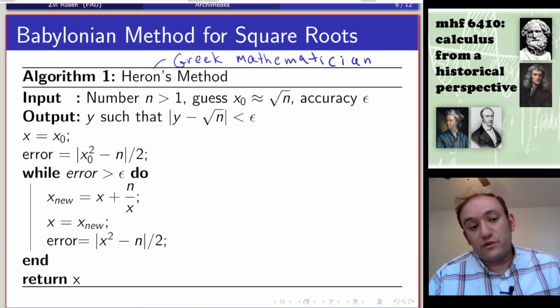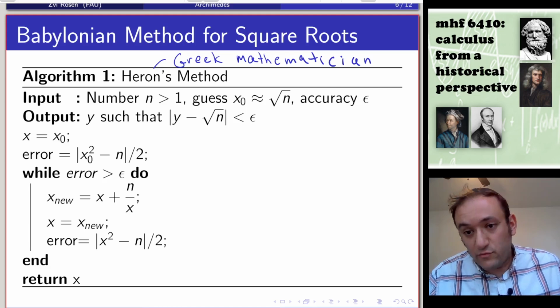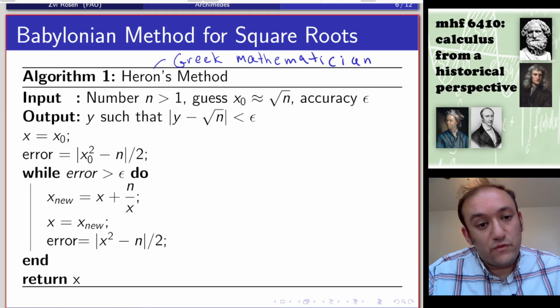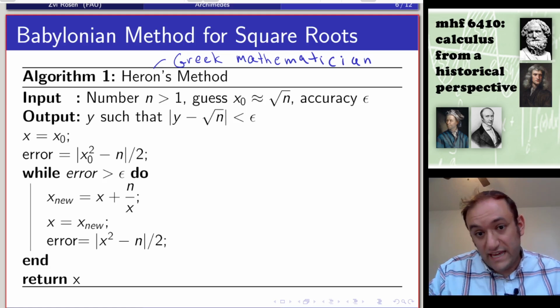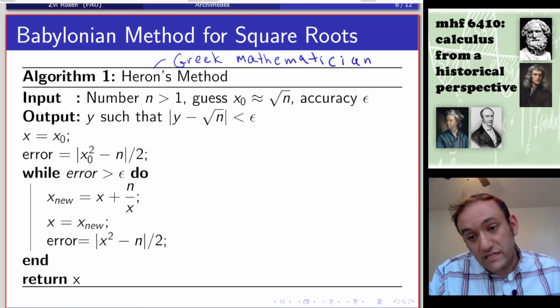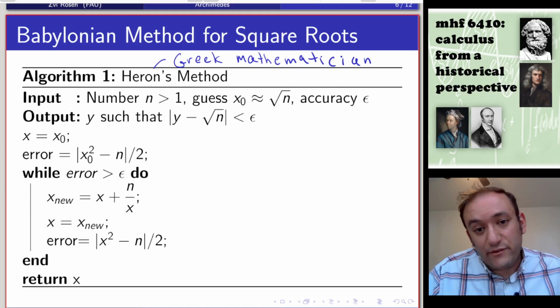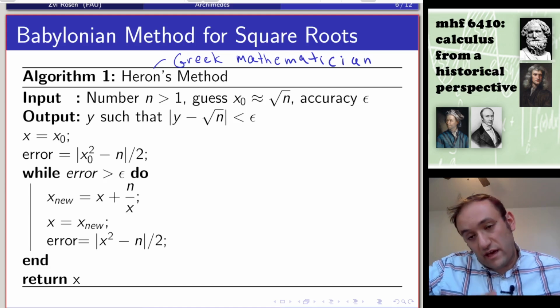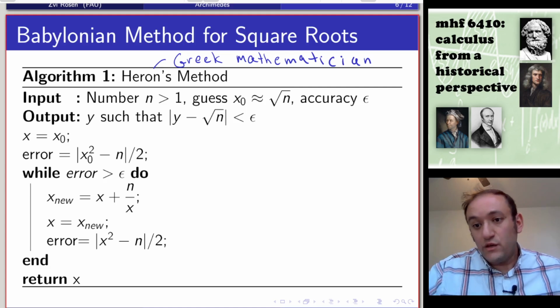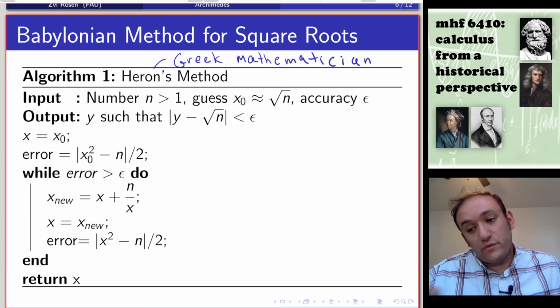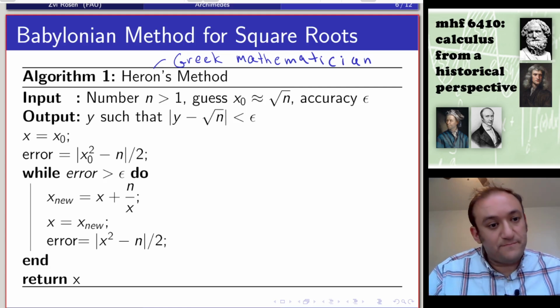Let's say you're trying to compute the square root of a number n, which is bigger than 1. If it's not bigger than 1, you can do its reciprocal. You want to take a first guess, x0, which you think is close to the square root of n. And you also want an accuracy epsilon. This is an iterative algorithm. You repeat it until you have the desired accuracy, so we need to set that threshold to start.